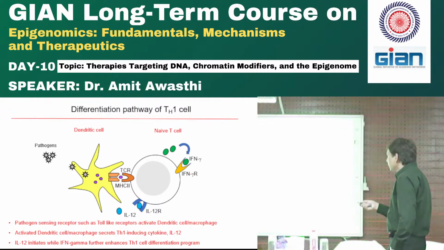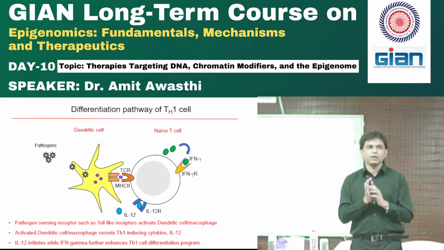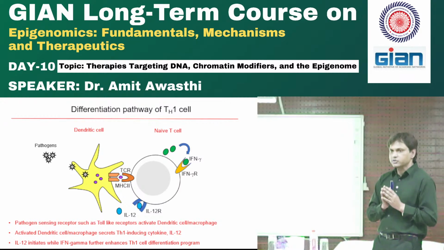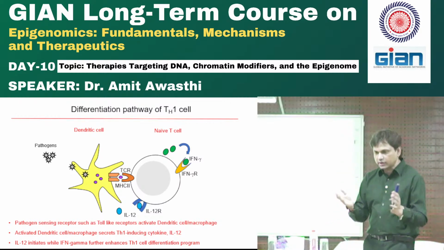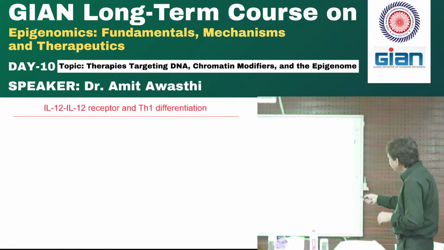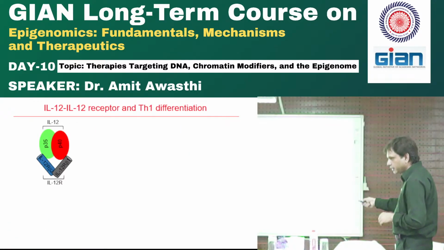So this heterodimer makes this functional complex called the IL-12 receptor, and this functional IL-12 receptor is expressed on the T cells. Just imagine this on the surface of the T cells, and this cytokine being produced by the dendritic cells.